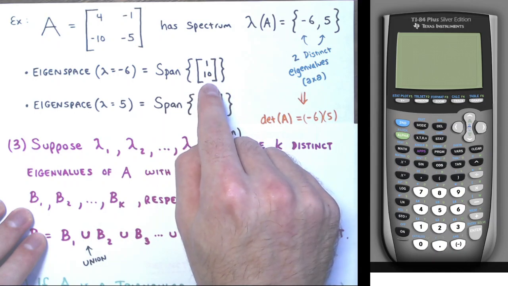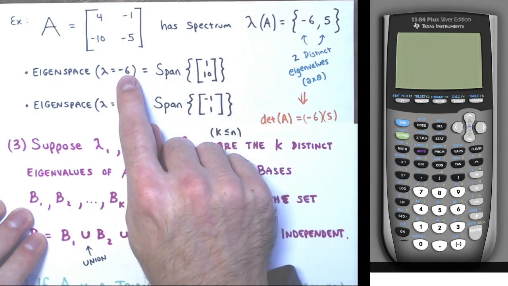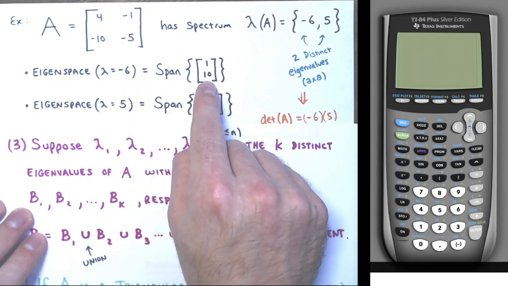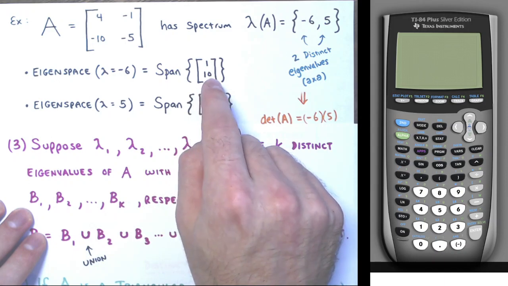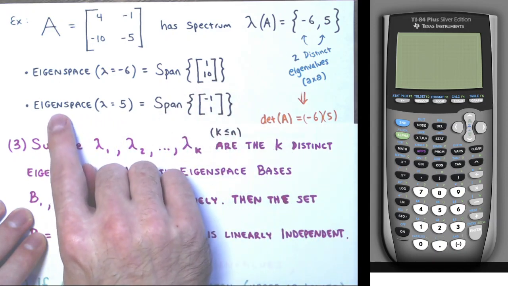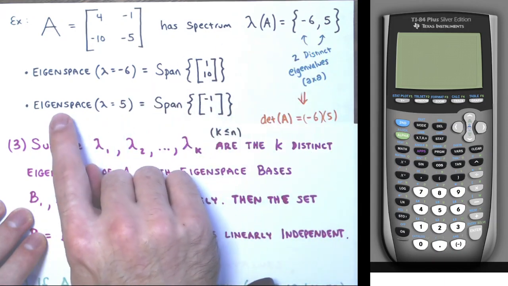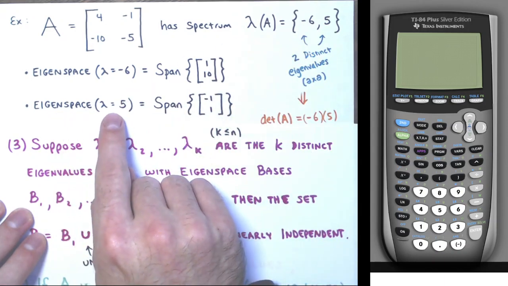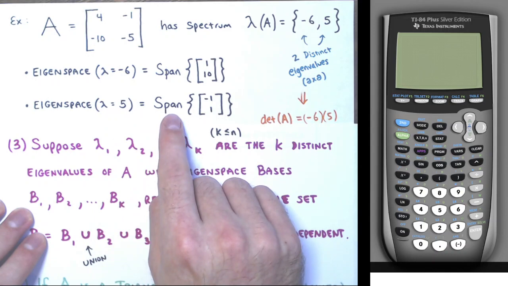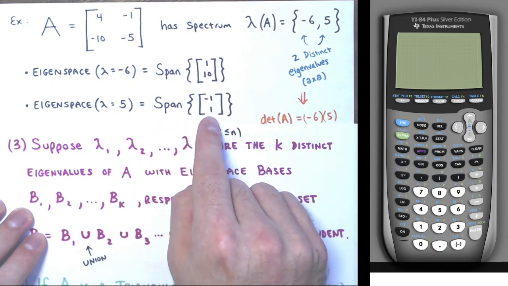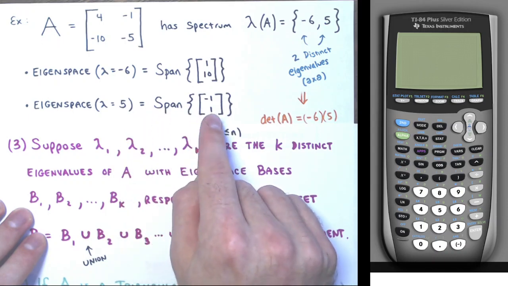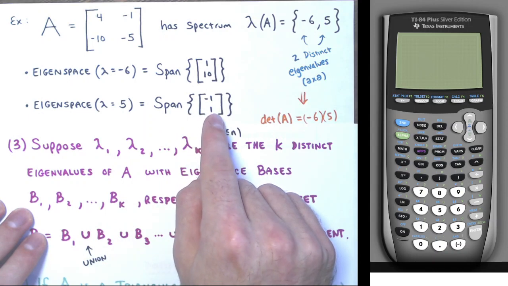So every eigenvector corresponding to -6 is a multiple of (1, 1, 0), except for the 0 vector. Same thing goes for lambda equals 5. The eigenspace for the eigenvalue 5 is the span of the set with the vector (-1, 1). So every eigenvector corresponding to 5 is a multiple of (-1, 1), just not including the 0 vector.